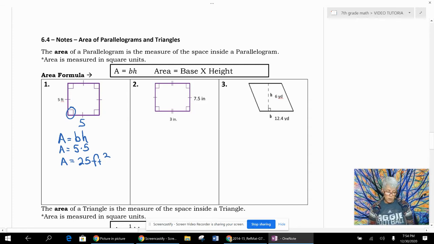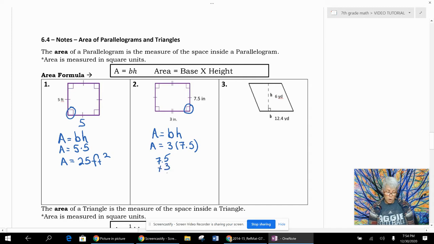The next one, there's my little right angle. And so there's my base and my height. It's the only 2 numbers, so that's super helpful. And I just want you to know, too, it doesn't matter most of the time what order you put these in. I'm going to use parentheses to show multiplication. You can show a times sign or whatever you want. Then I'm going to multiply 7.5 times 3.